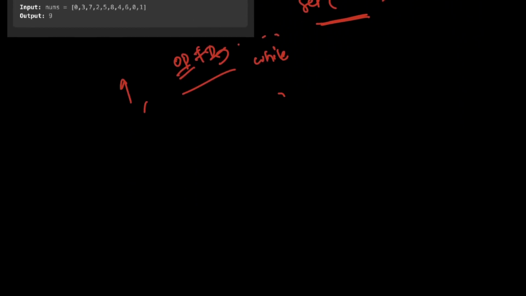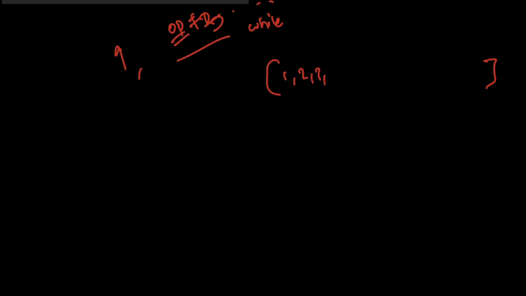Consider there are two chains, right? Initially I take 1, I check that 0 is not present in the set.